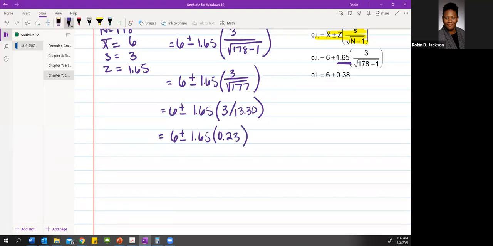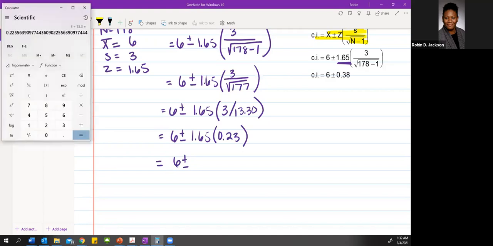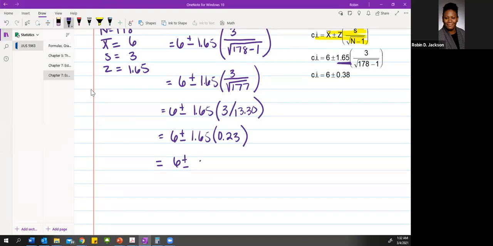Our next step will be 6 plus or minus the outcome of 1.65 times 0.23. That gives us 0.3795, which rounded to the second decimal place will be 0.38, the same as what we got up here. So let's write out our confidence interval.